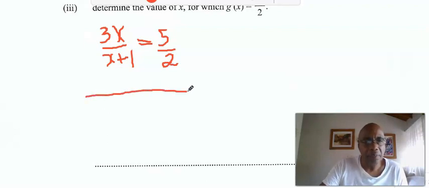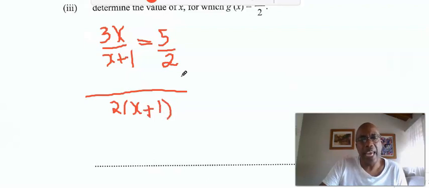This is how I do it. I put the LCM at the bottom, 2 times x plus 1. And I bring both sides to the same common denominator, which is 2 times x plus 1.